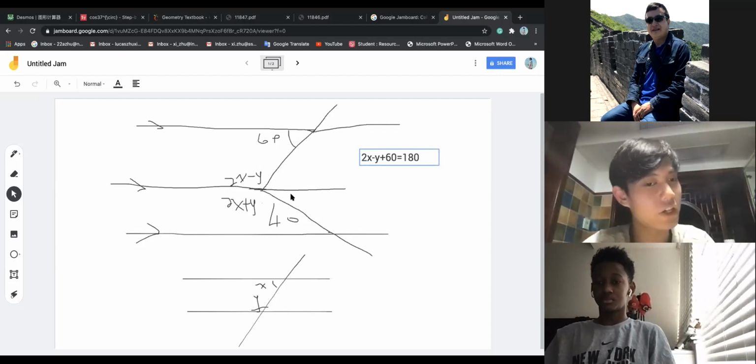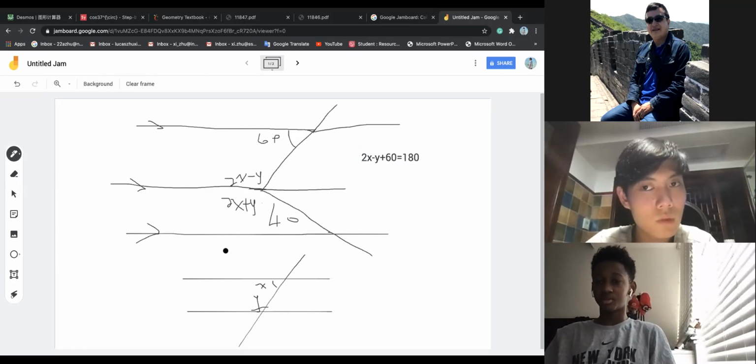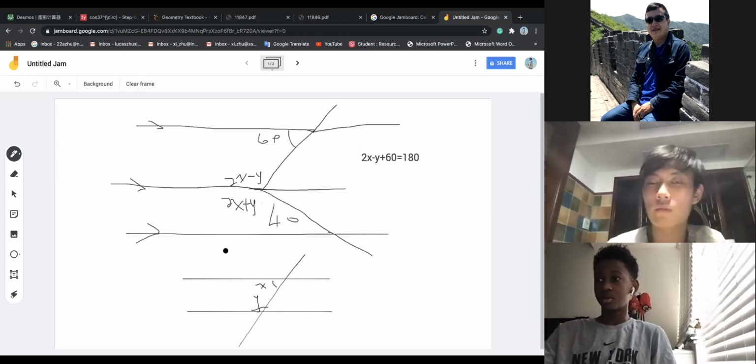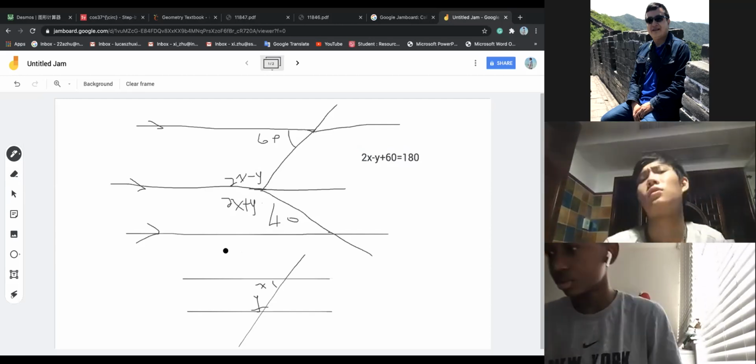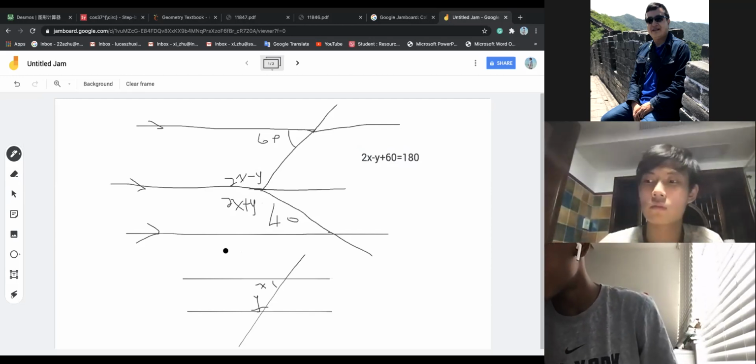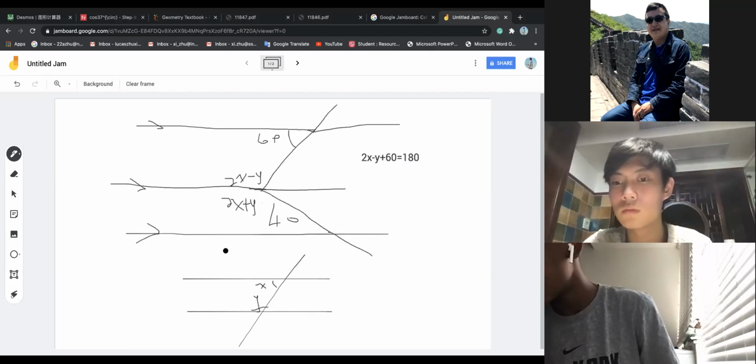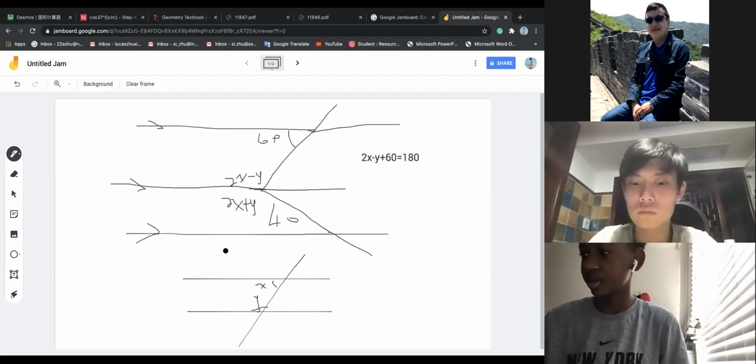So then what's the relationship under here? They add up. They're equal to 180. Okay, so what's the theorem called? What's the name for the theorem? I can't remember the word though. The consecutive interior angle theorem.